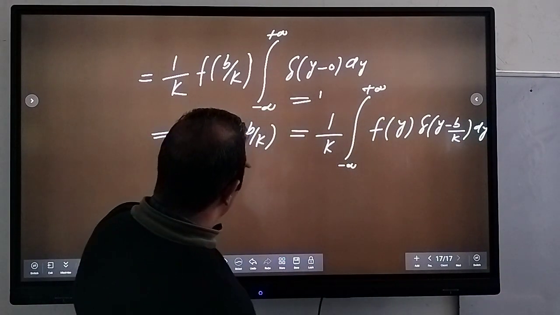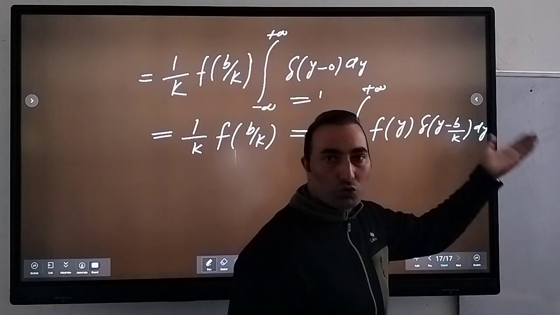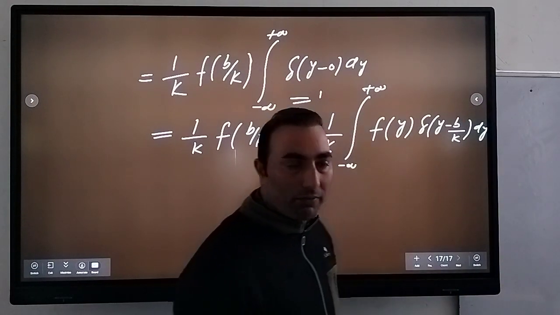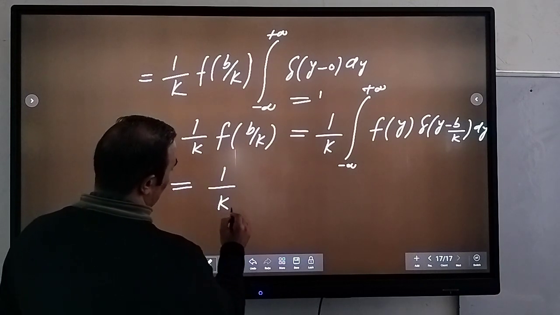So that means I can write this function in terms of this function, right? Now instead of x, I can write in terms of y, right? Because I can write this as 1 by k, that.